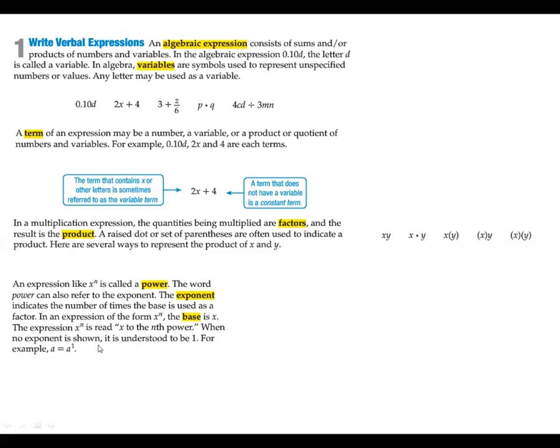When no exponent is shown, it is understood to be 1. So x is the base, n is the power. The power is shorthand for repeated multiplication. So x to the n tells you how many factors of x to multiply together. The x is the base, and if there is no exponent, it's understood to be 1. So the base is x and the exponent is n.